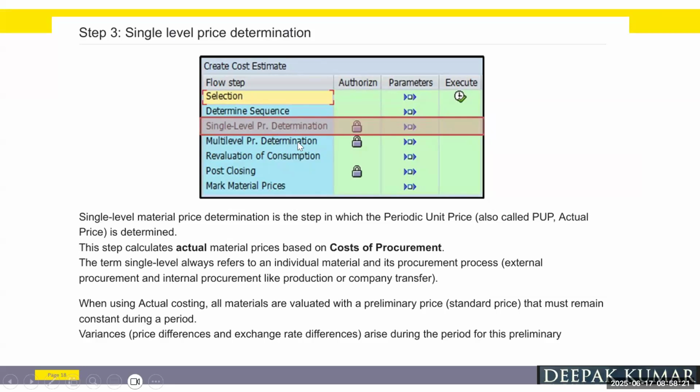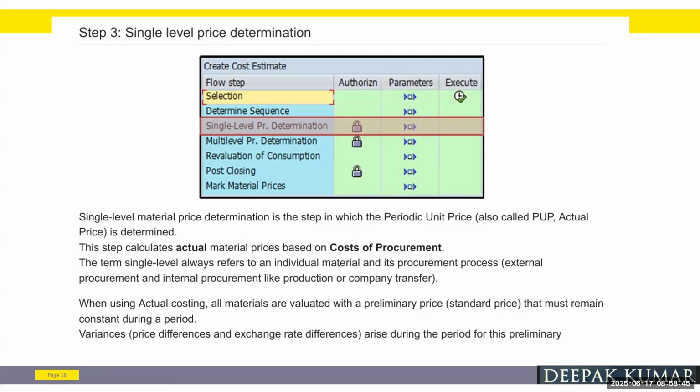Next step, it rolls up the price difference from raw material to semi-finished good and semi-finished good to finished good. Roll up happens in multi-level. Single level, it just calculates the price difference. It doesn't roll up, but the roll up happens at this multi-level price determination.